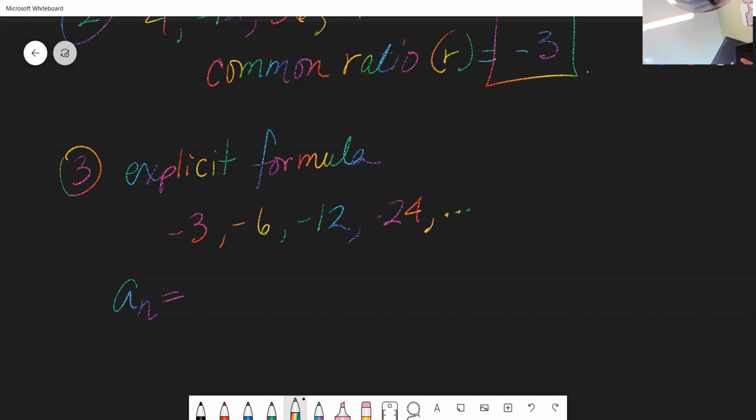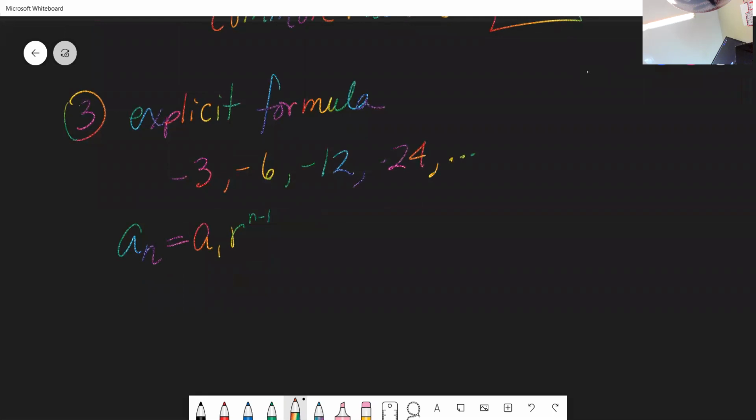AN equals A1 times R to the power of N minus 1. You like that expression, don't you? Raised to the power? Yep. A lot of times we shorten it just to the power of whatever.